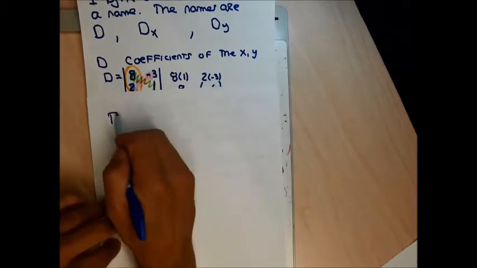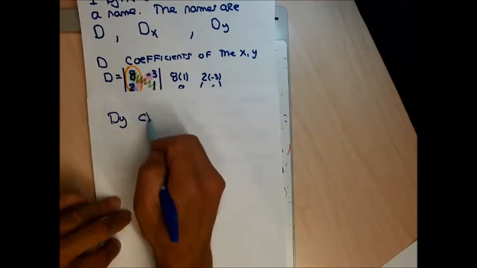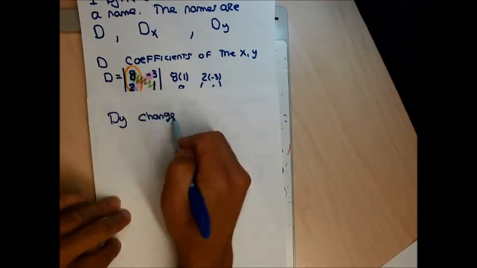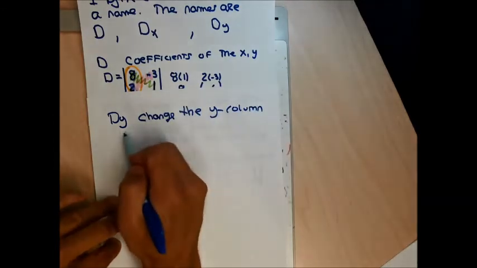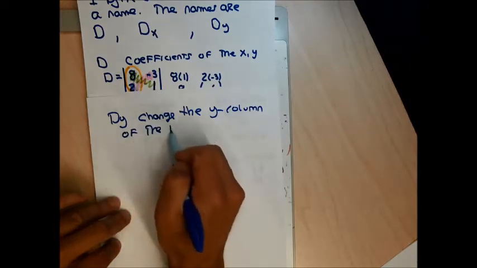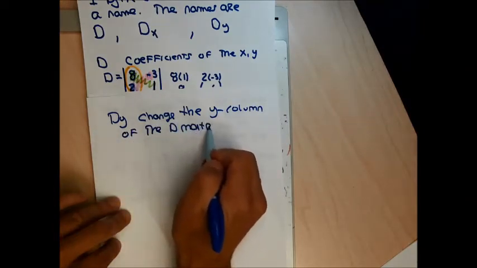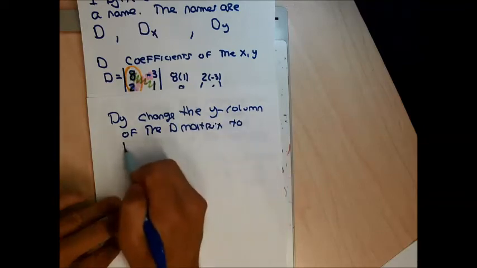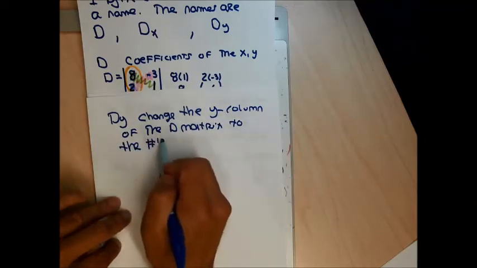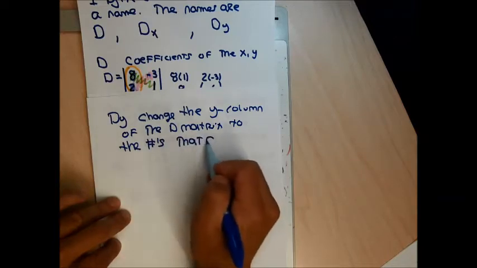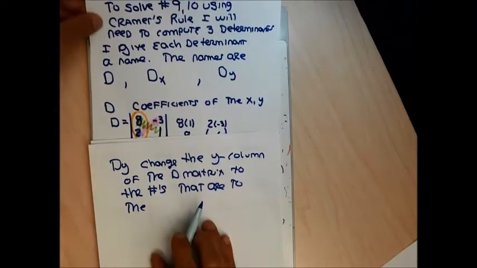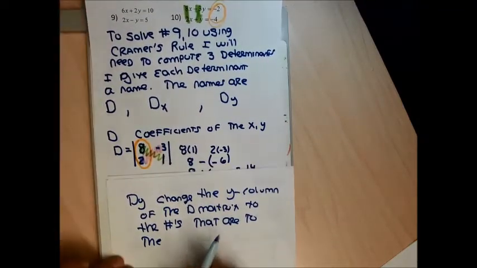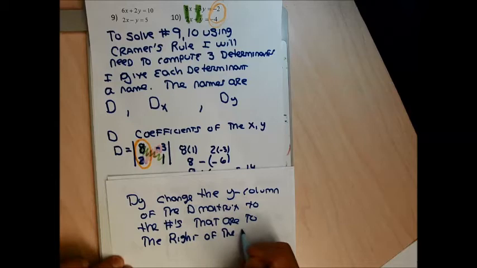D sub y, you change the y column of the D matrix to the numbers that are to the right of the equal sign.